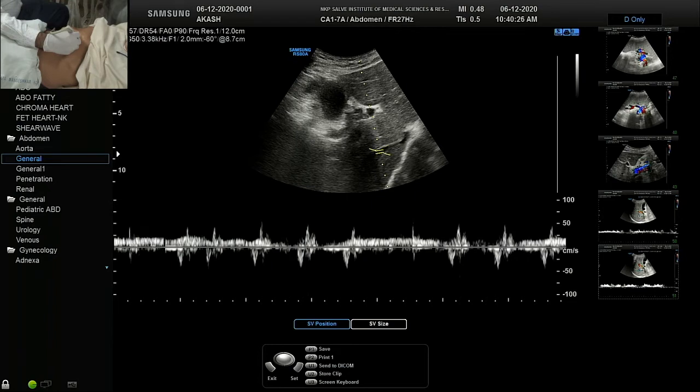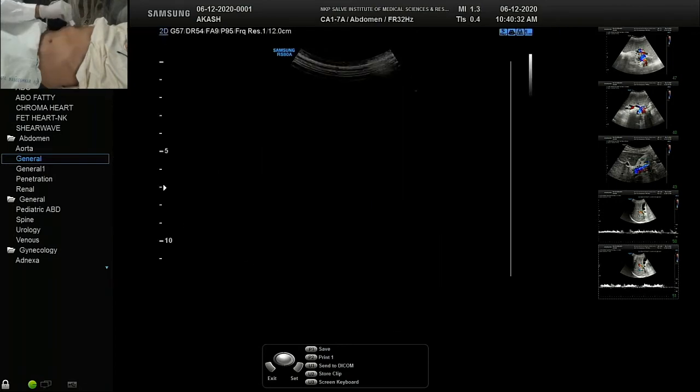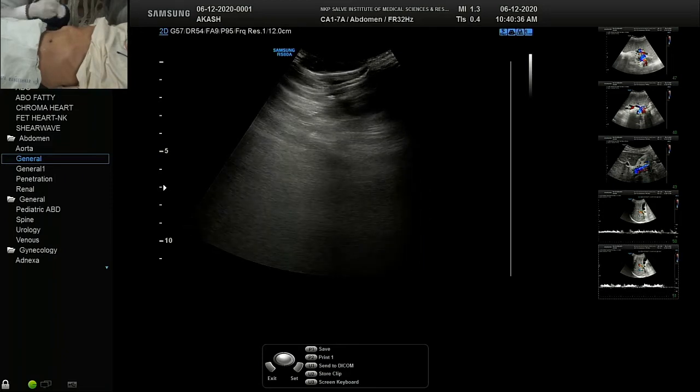Actually we don't need an angle here, we just need whether the flow is normal or not. We'll take some other probe position to see it in a better fashion.